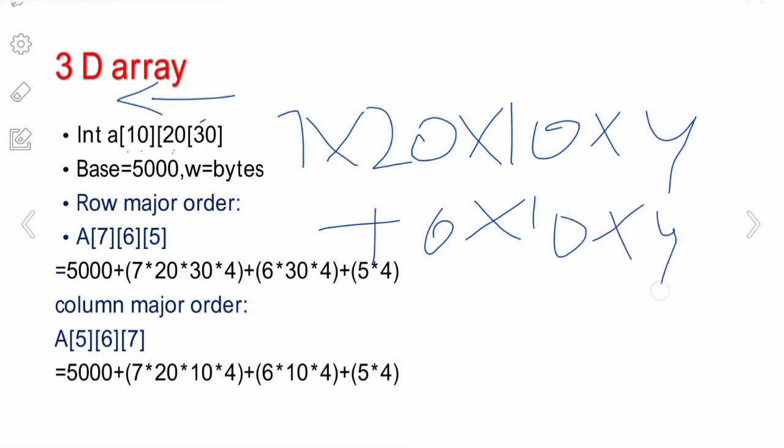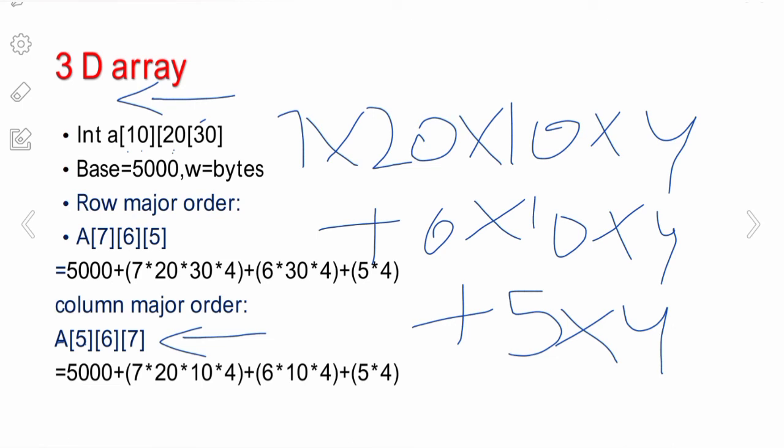Okay, next plus 5. So here also we are taking reverse, right? So 5 into 4. So in this manner, if you calculate this we will get the particular address location of the value. So in this manner we will know the 3D array both in row measure and column measure order.